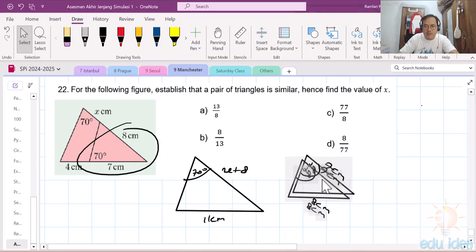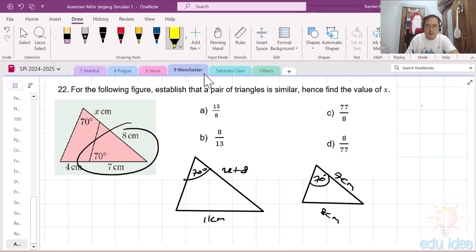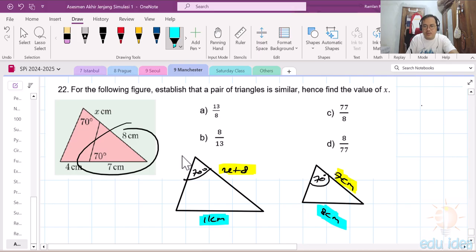Now you can see that the 70 is in the same position. Sorry, it's upside down, 70 degrees. You can see that this side and this side correspond to each other, and this one over here corresponds to this one over here. So you can find the x value from this. So there are a lot of ways to write this down.